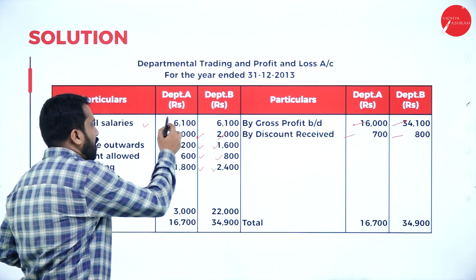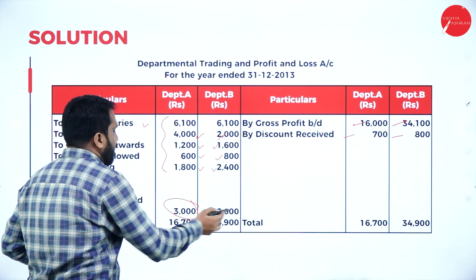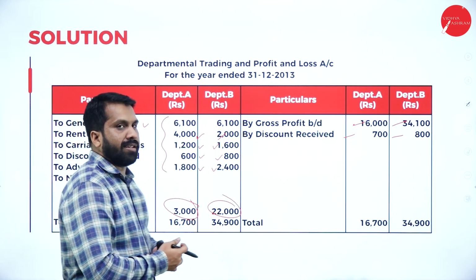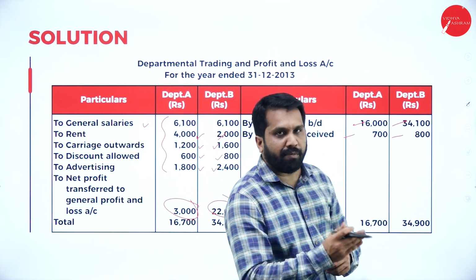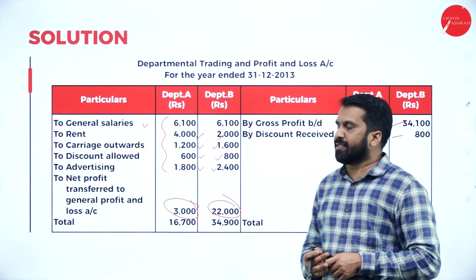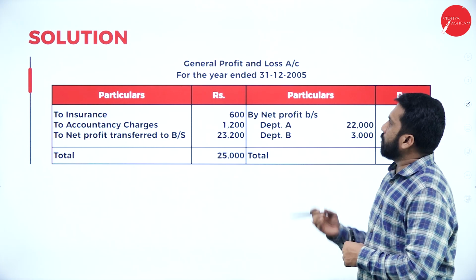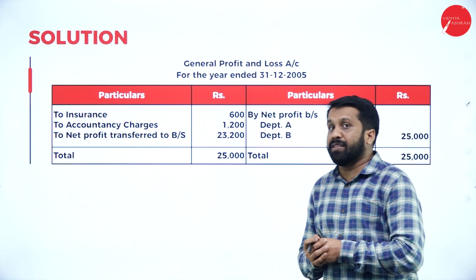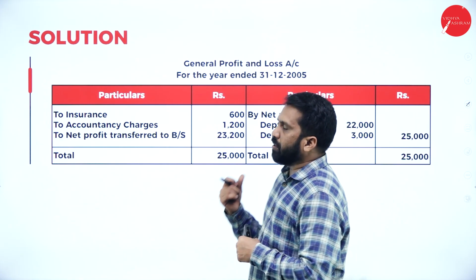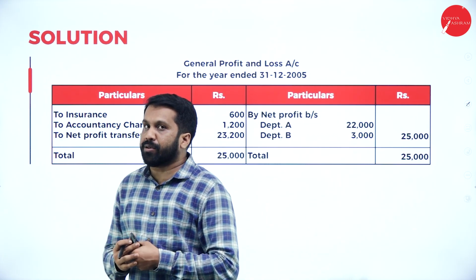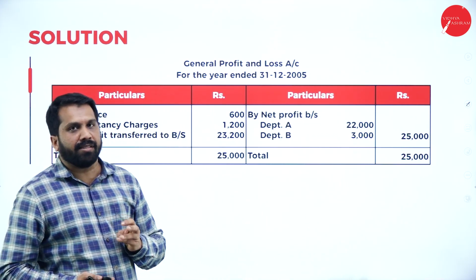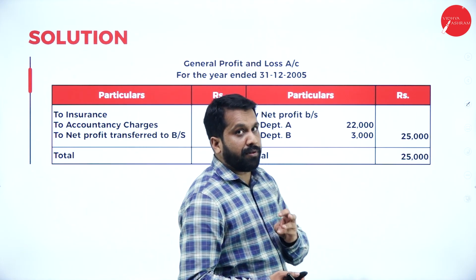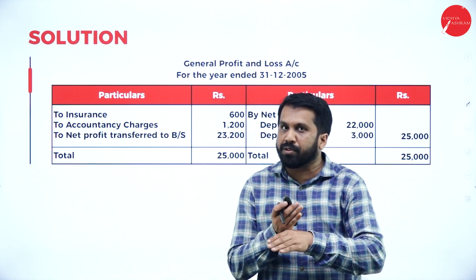From that, you minus all the debit items. You will get your answer, 3,000 as well as 22,000. If you minus, you will get your final answer. General profit and loss account for the year ended. Once you are done with that, you have to go with the general P&L. Why do we do this general P&L? As I told you, insurance and accountancy charges we are not supposed to take and we are not supposed to divide.